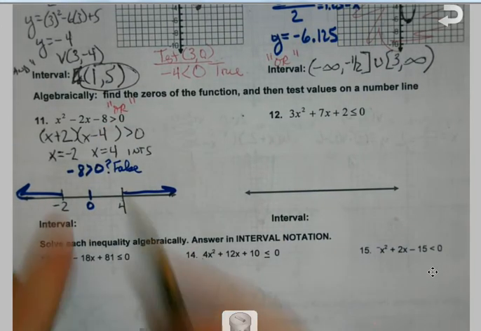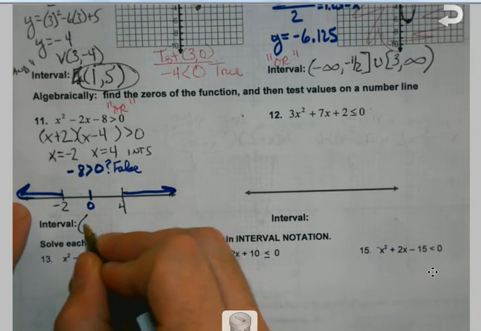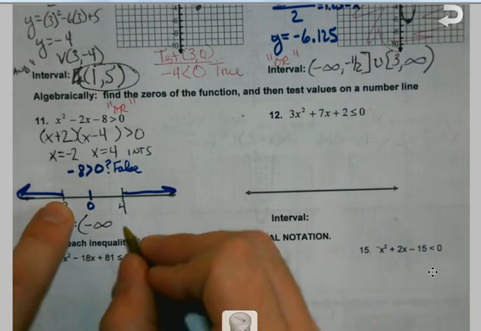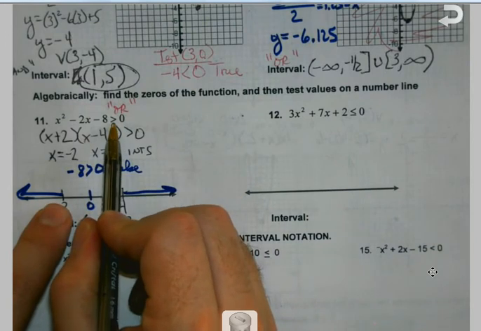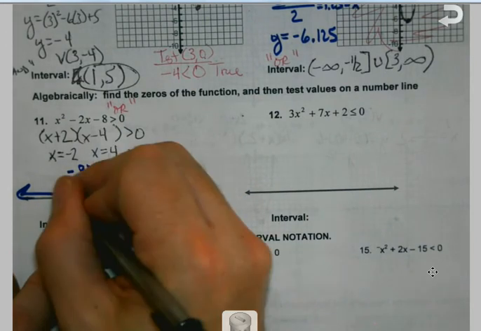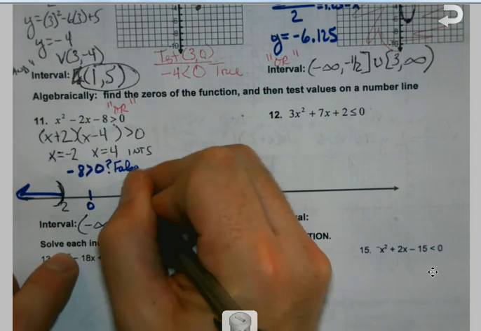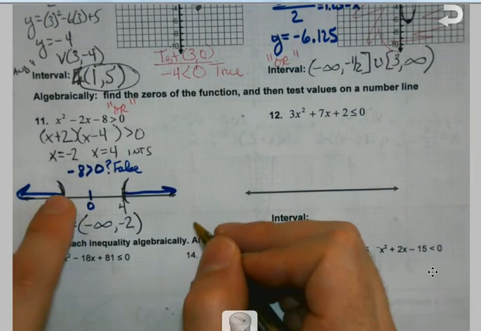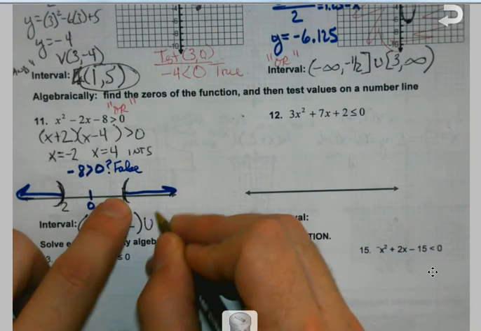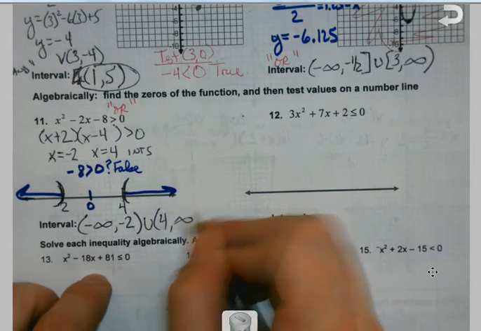And I know how to graph these. I just do negative infinity up to my point, remembering in this case, since it's not or equal to, that these are going to be parentheses. Closes off, because I have a gap here in the middle, and starts up again afterwards.